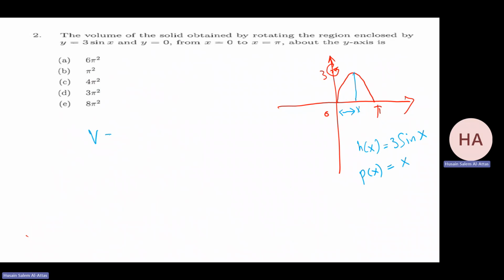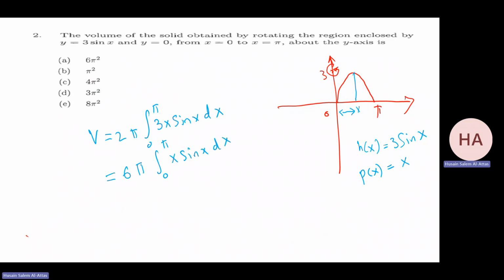So the volume will be 2 pi integral from 0 to pi 3x sine x dx, which is 6 pi integral of x sine x dx.